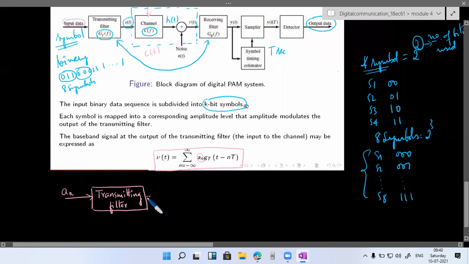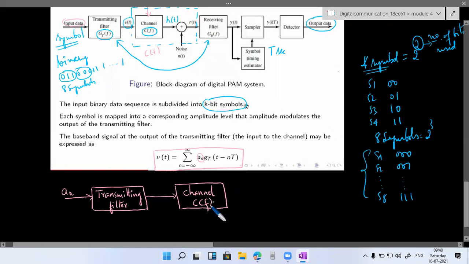In turn, the output from this transmitting filter will be made to go through a channel, which is associated with the transfer function C of f. Here the channel output, I'll call it H of t.